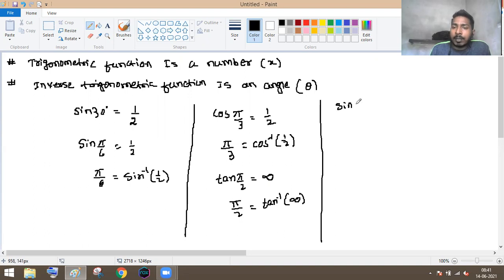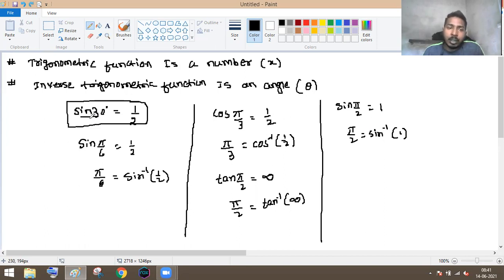If I ask you, what is the value of sine pi by 2? 1. So here pi by 2 will be equal to sine inverse 1.